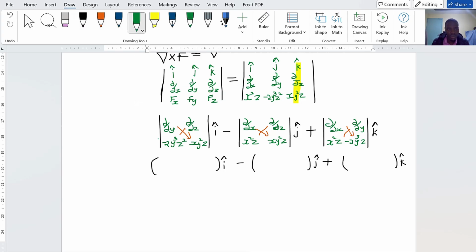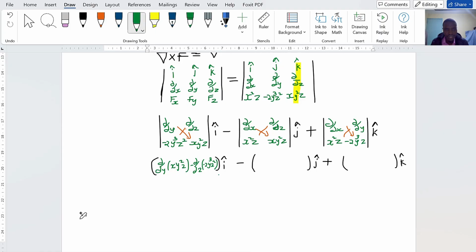So it will be d over dy into x y squared z, minus d over dz into negative 2 y cubed z squared. That is for i.